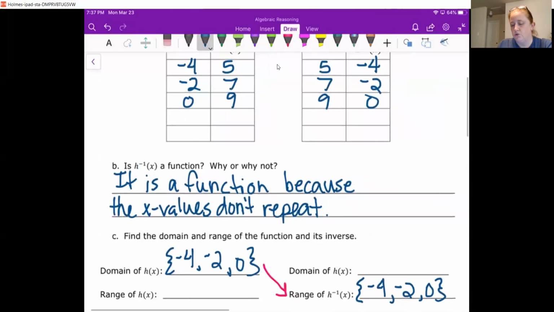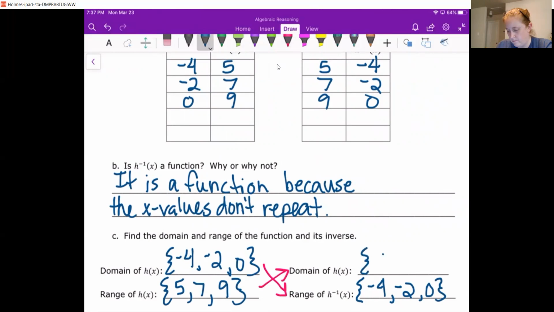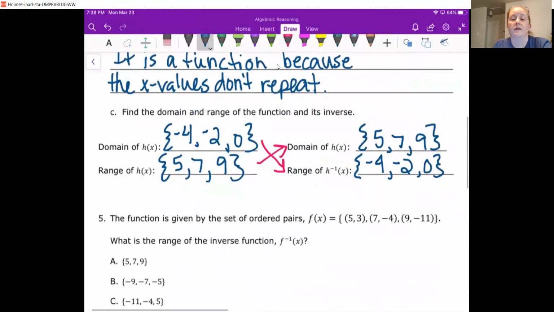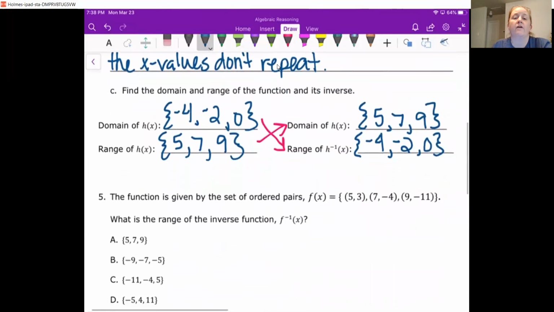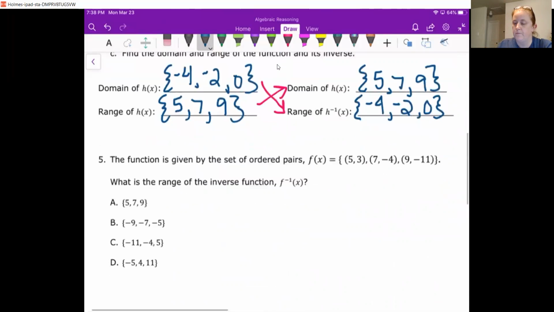All right, let's get your original range. The original y's are a 5, 7, and a 9. So for the inverse, those will become the domain. 5, 7, and 9. Again, biggest thing here, they have to switch places.